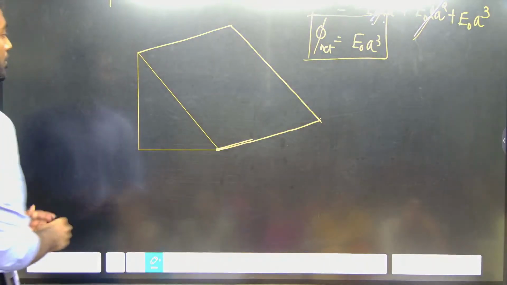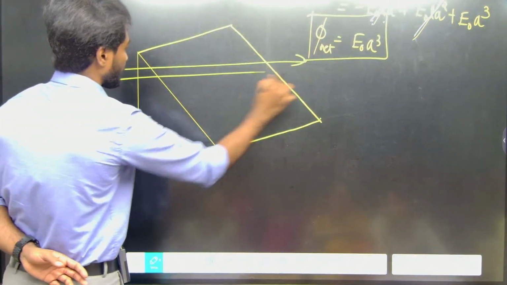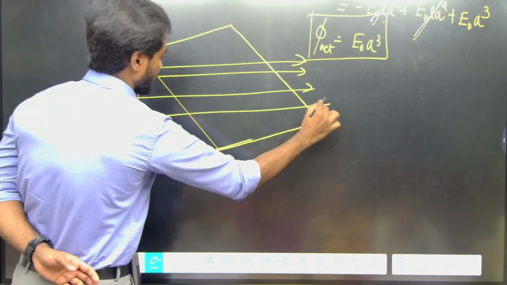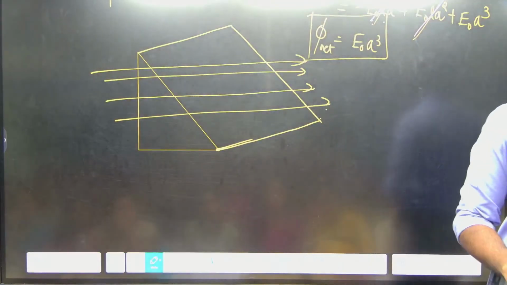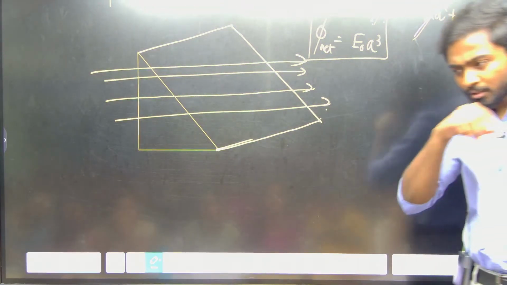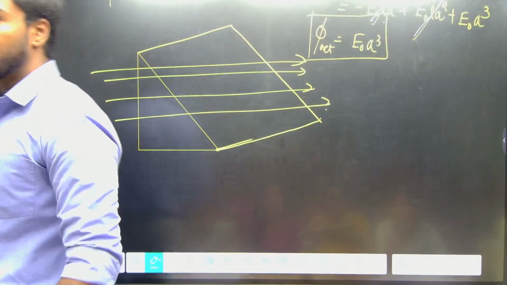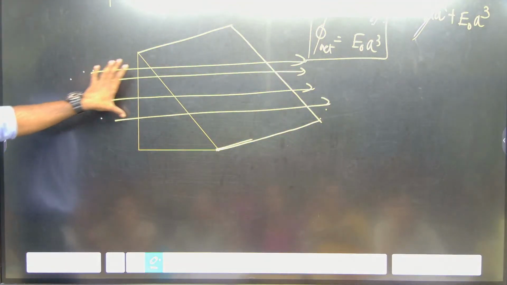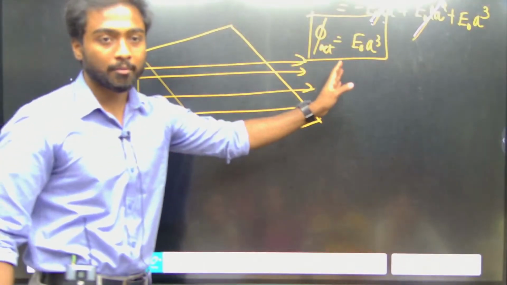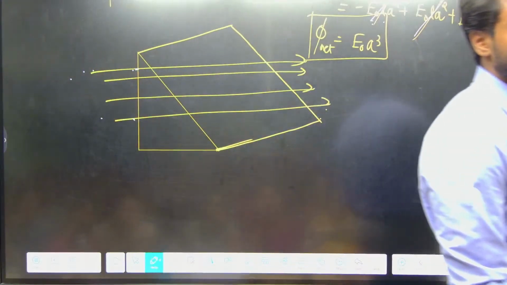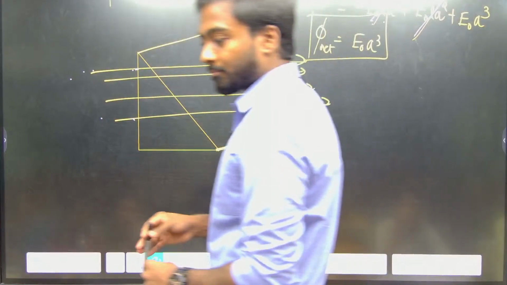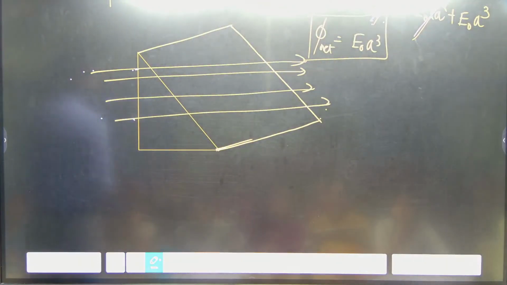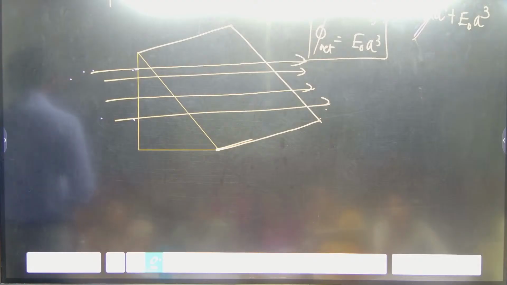Okay. Let me consider it's a right angle prism. The electric flux is passing through the back side of the prism, coming in, and it is coming outside this side. Now what is the net electric flux? If you say the answer, tell with the reason. What is that? 0. Why?